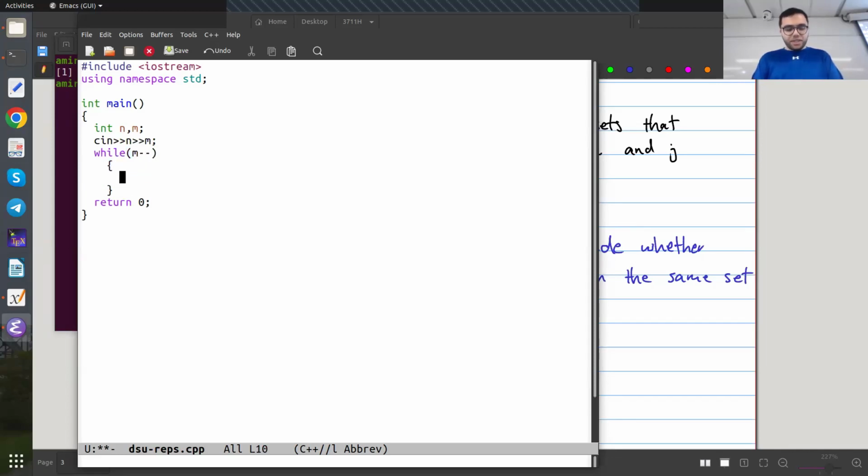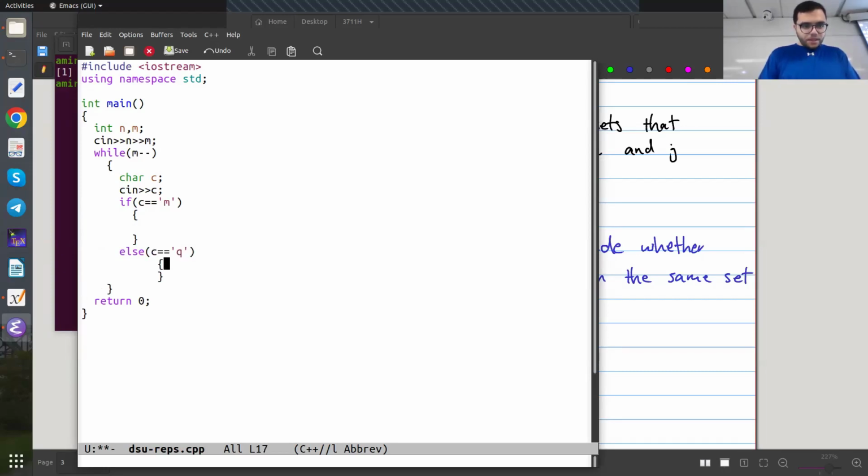And every time I have to either do merge or query. So I show that with m and q. So I will just have one character, I read it. If this character is m, it's a merge. Otherwise, if it's a q, it's a query.